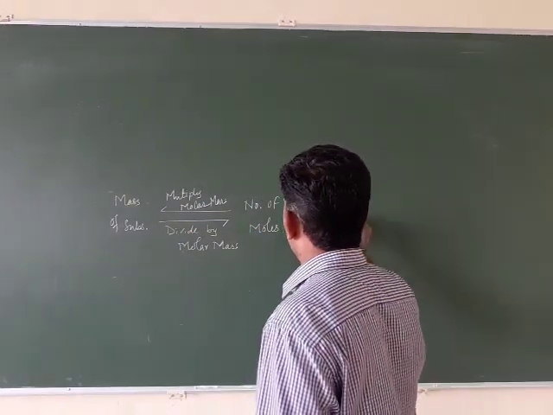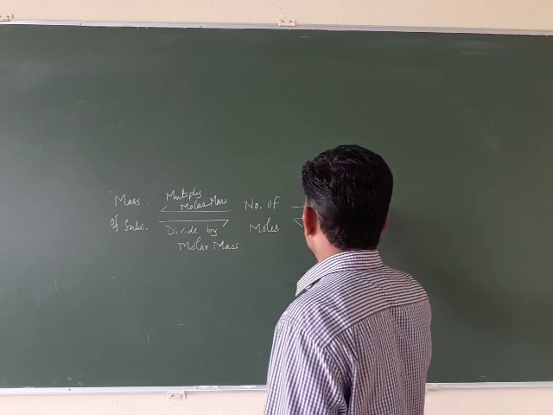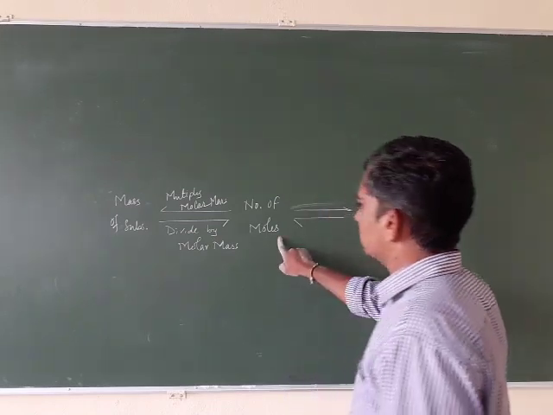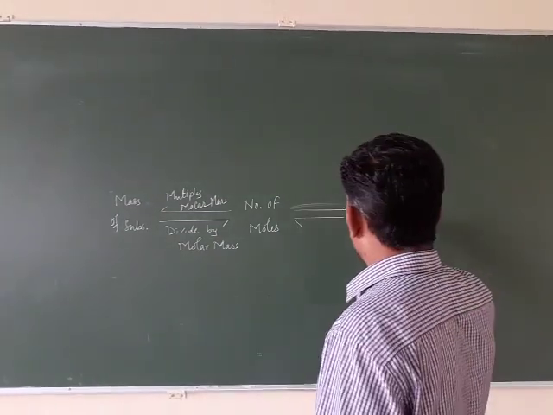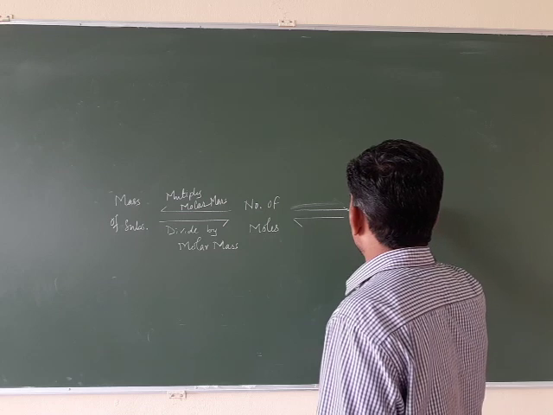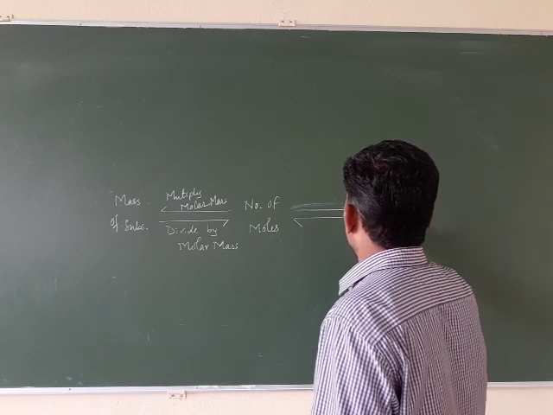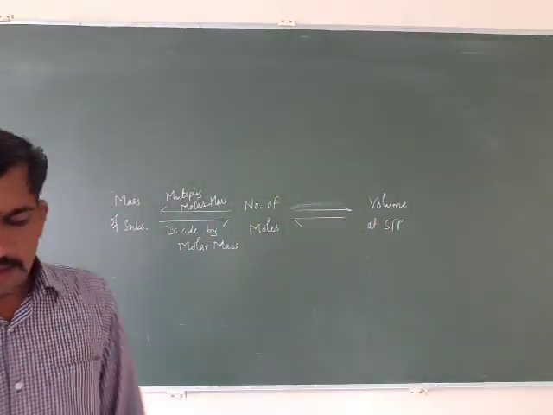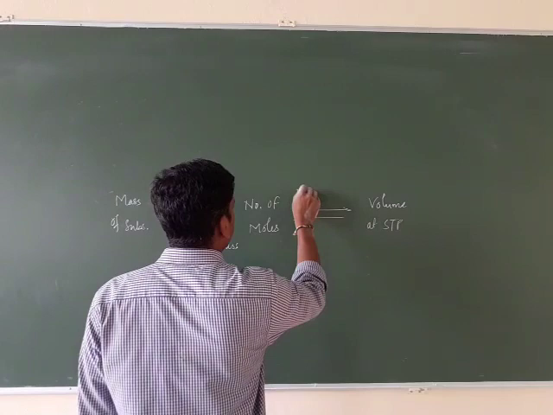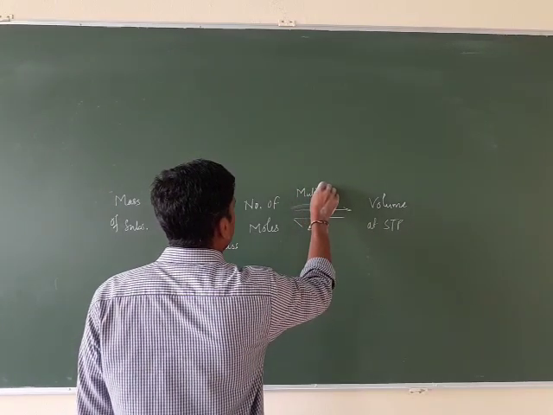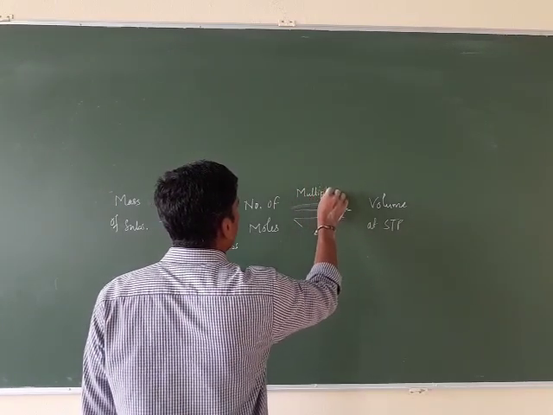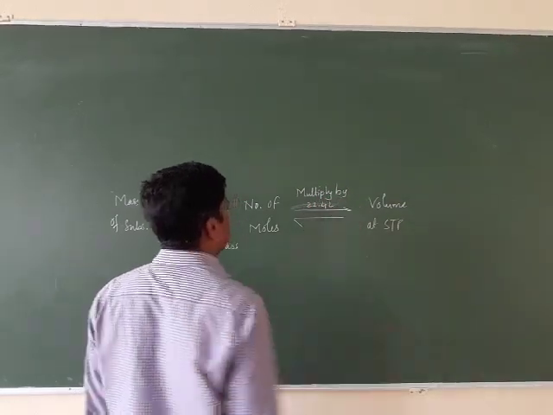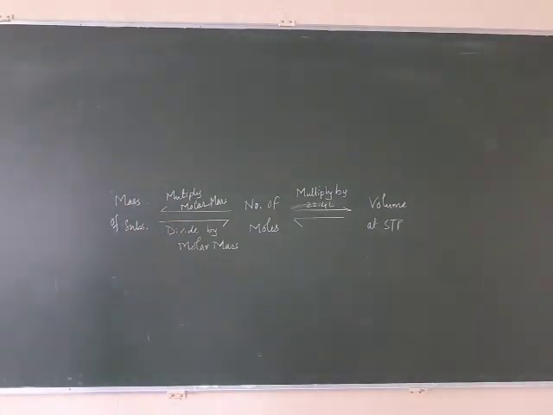Otherwise, if you have number of moles and you want to convert the number of moles into volume at STP, then multiply this number of moles by 22.4 liter.